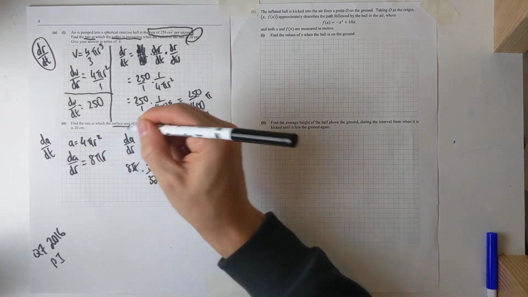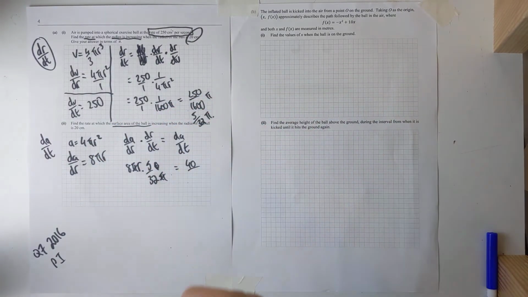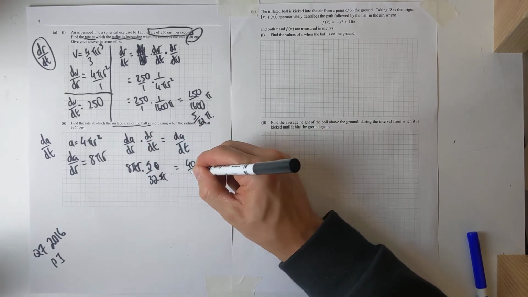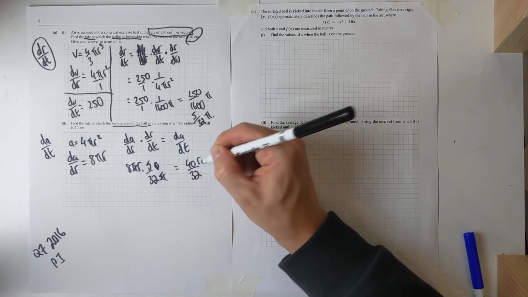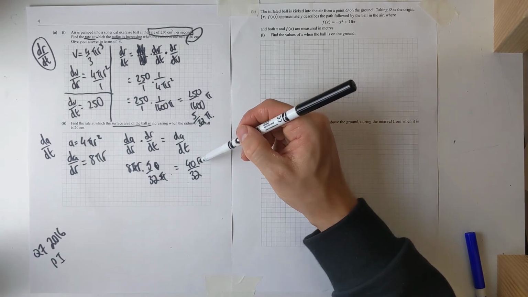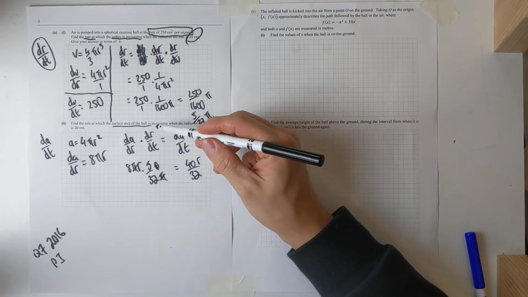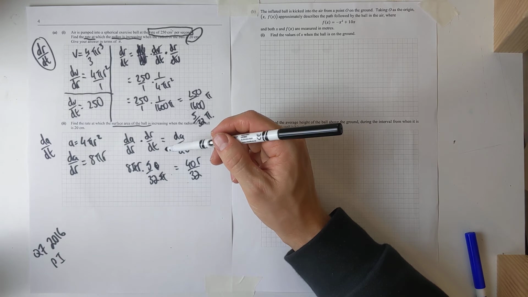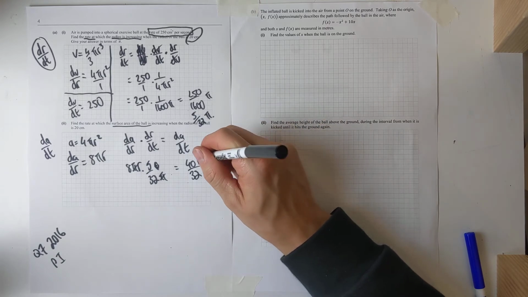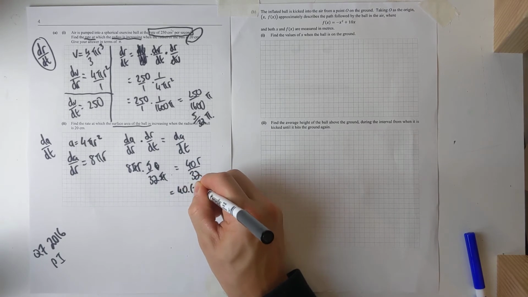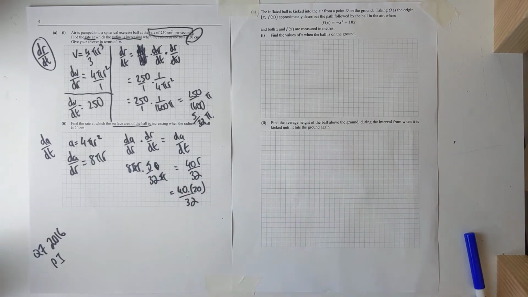I knew I was missing the r, it's 8 pi r. So you're getting 5 times 8 r over 32, which is 40r over 32. Again, you have to substitute in 20, so 40 by 20 all over 32.